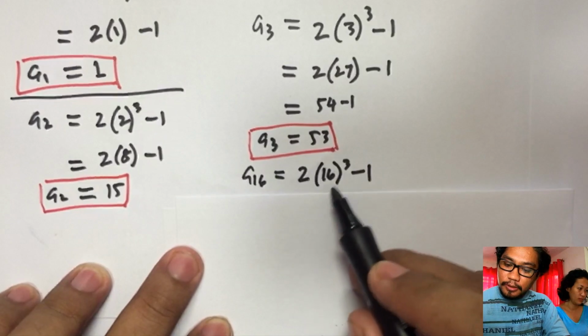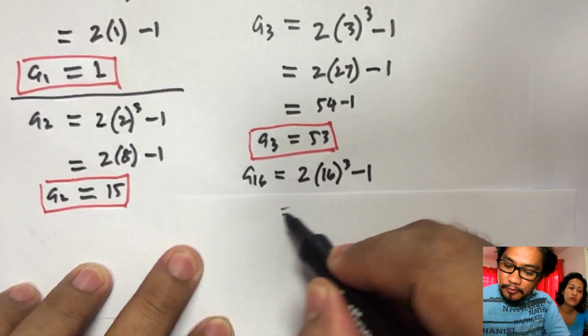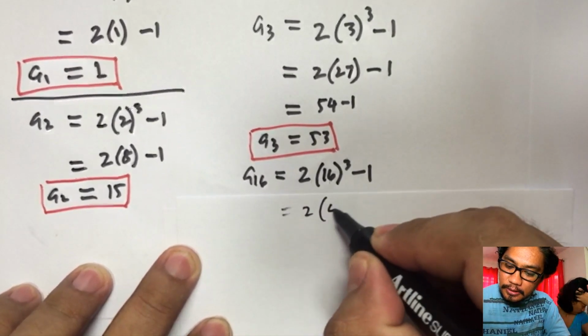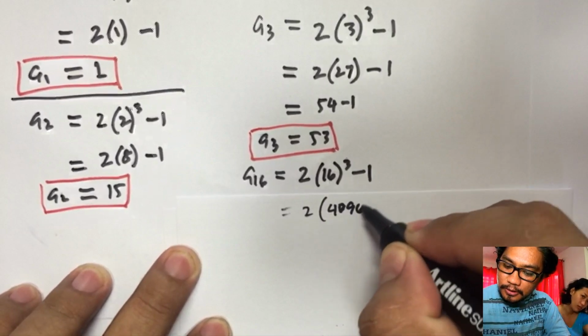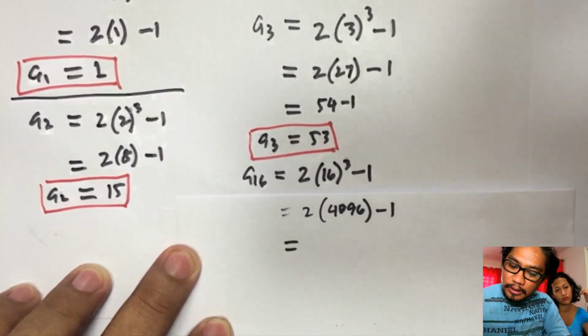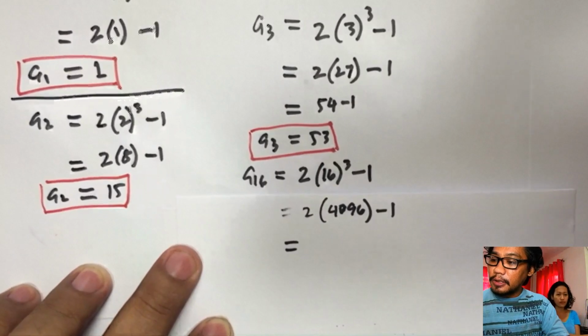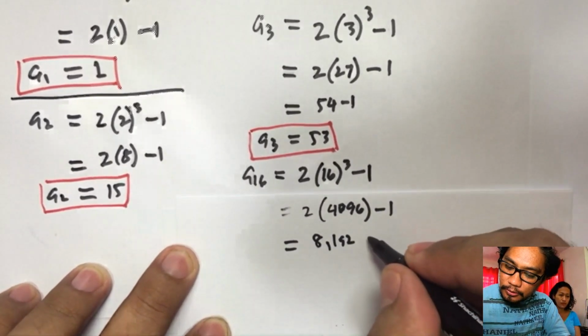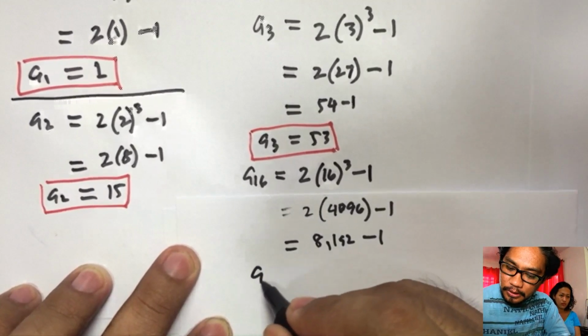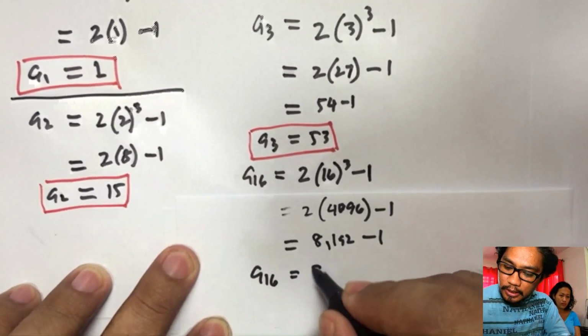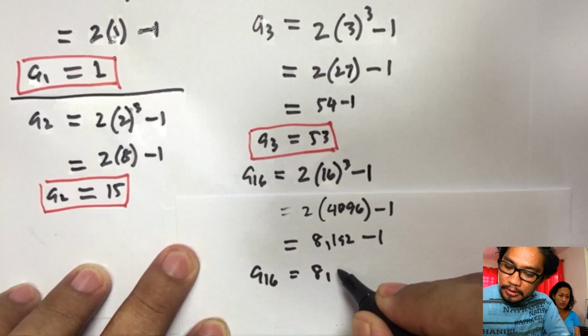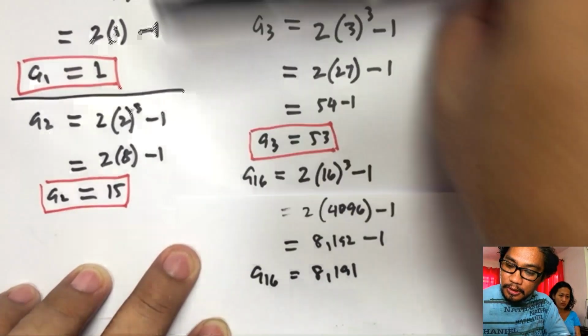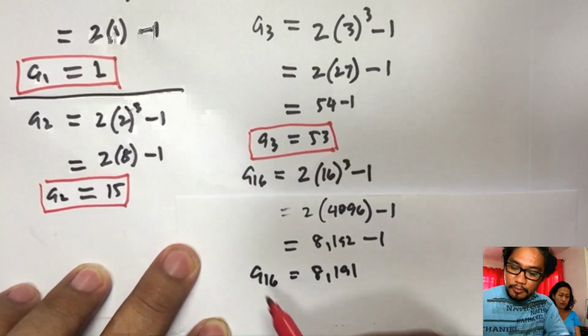So 16 raised to 3 is 4096. And 4096 times 2 is 8192 minus 1. And our 16th term is 8191.